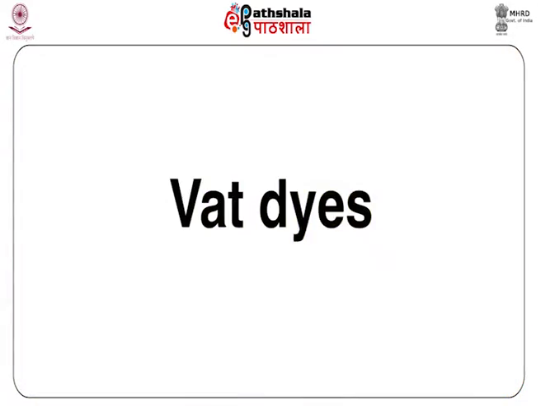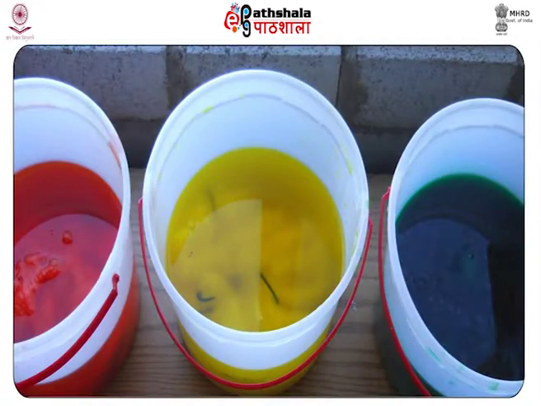Vat dyes. Like sulfur dyes, these dyes are insoluble. Therefore, these dyes are applied in their reduced forms, which are obtained by treating the compound with some reducing agent such as alkaline sodium hyposulfite in a large wooden vat, giving rise to the name vat dyes.